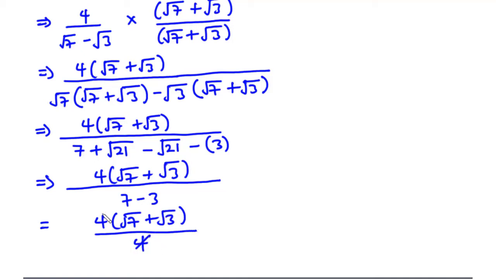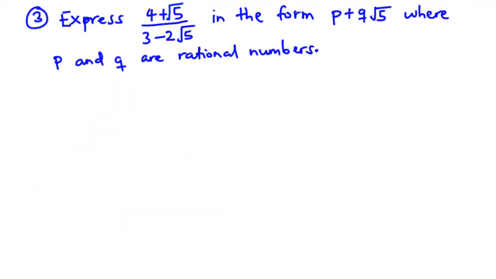And then 4 cancels out 4. So we have the final answer to be root 7 plus root 3. That's very simple. Let's solve our third example. So for the third example, we are to express 4 plus root 5 divided by 3 minus 2 root 5 in the form of p plus q root 5, where p and q are rational numbers.